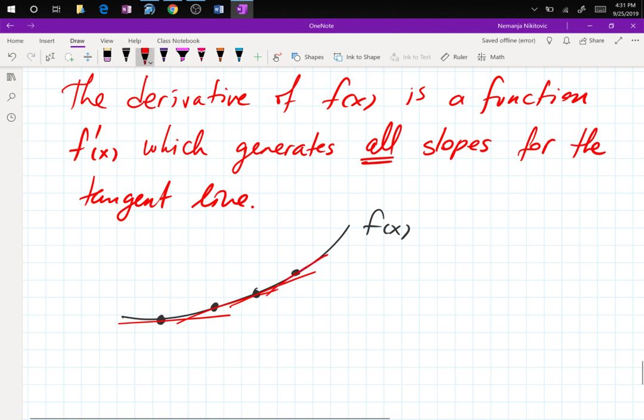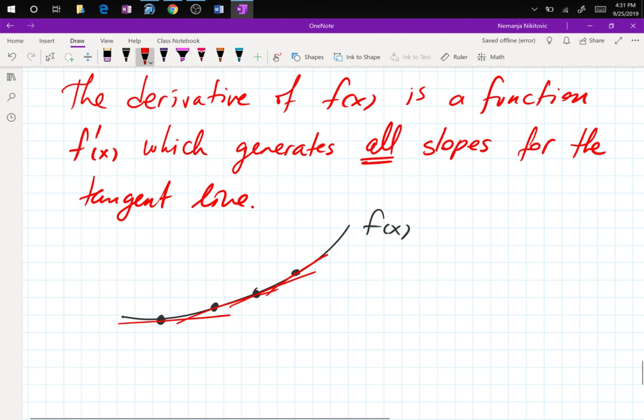And as you can see, as the line curves, these slopes curve with it. And in next lecture 3.2, we're going to see what that gives us. But for now, it's enough for us to know that at any point you draw on the f of x, you can come up with a tangent line, and for that tangent line, we can calculate the slope using the formula we just had.